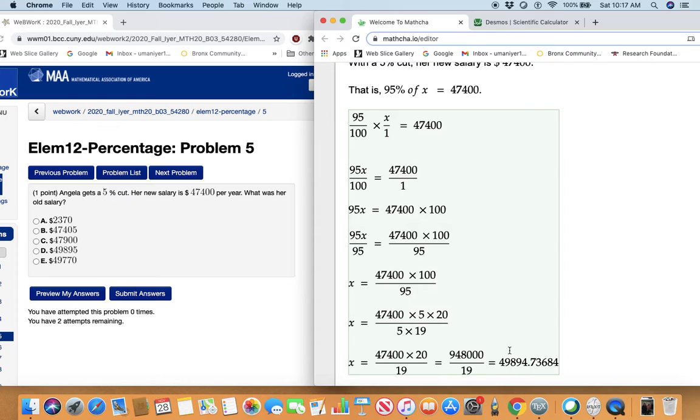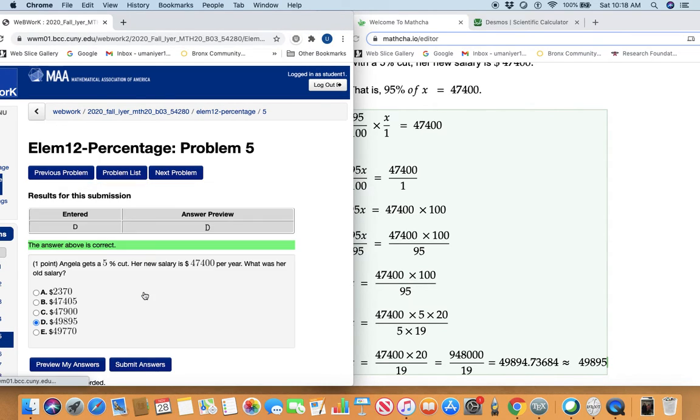I get 49894.7 and so on. Now these are all whole numbers, so I need to round. After the 4, I have a 7. So this is approximately 49895, because there is no decimal option here. So 49895 is this option.